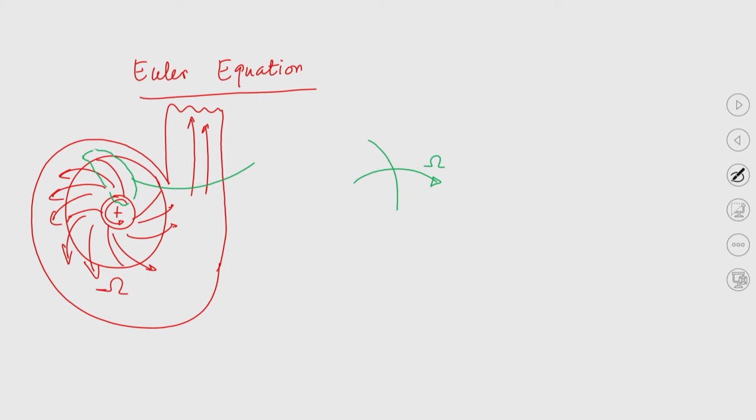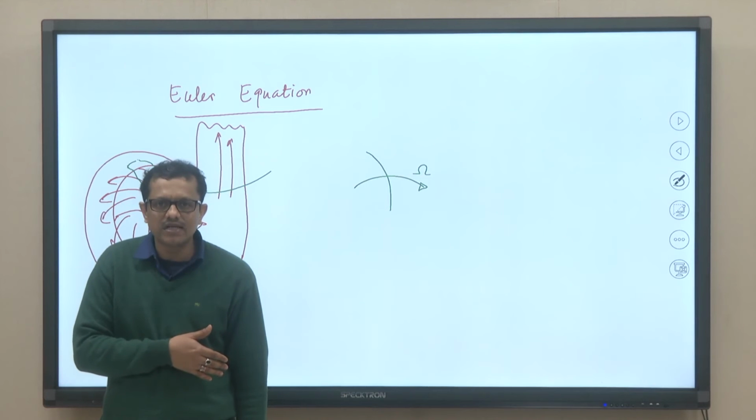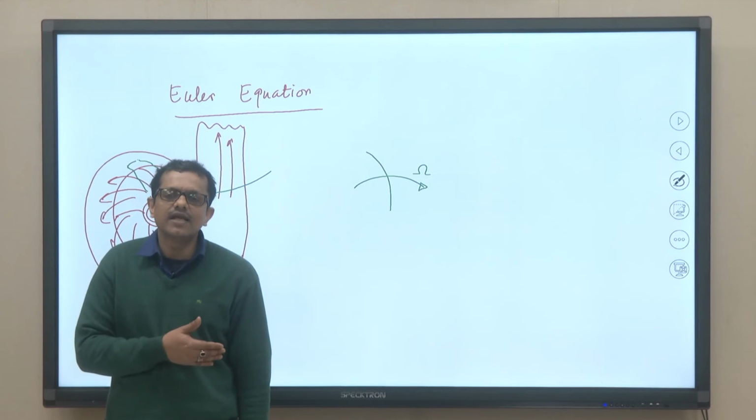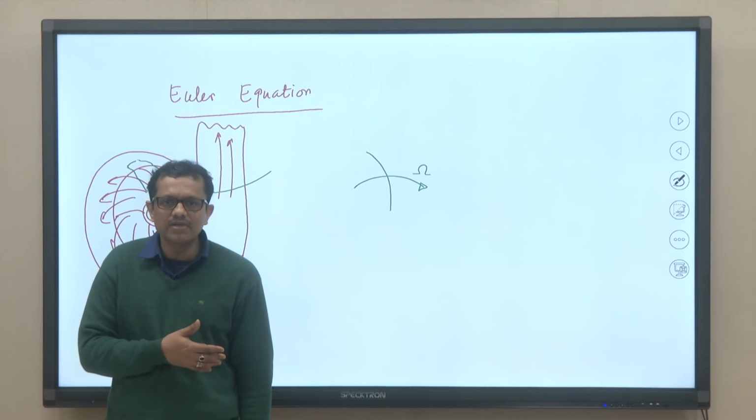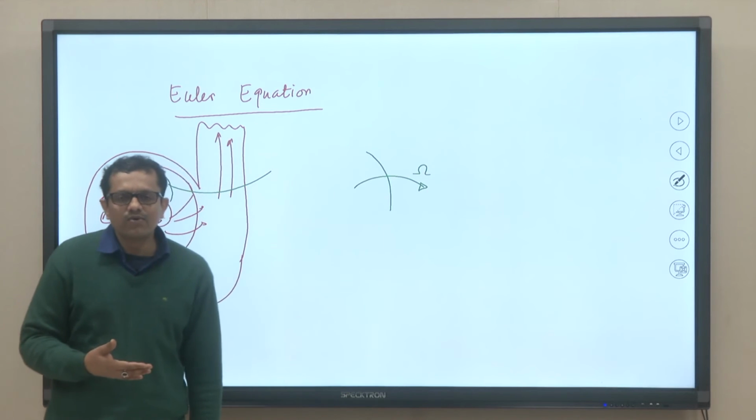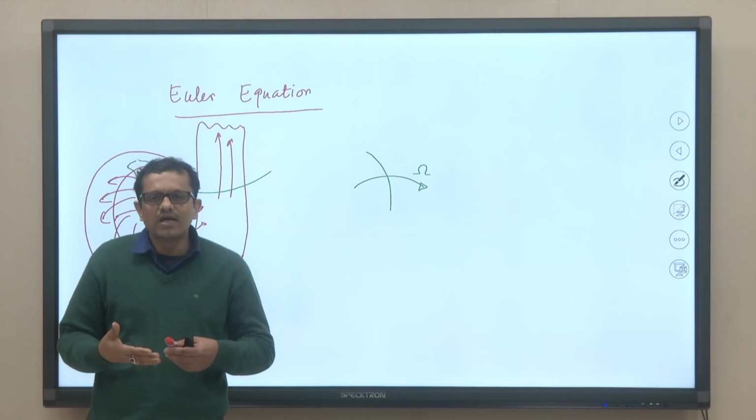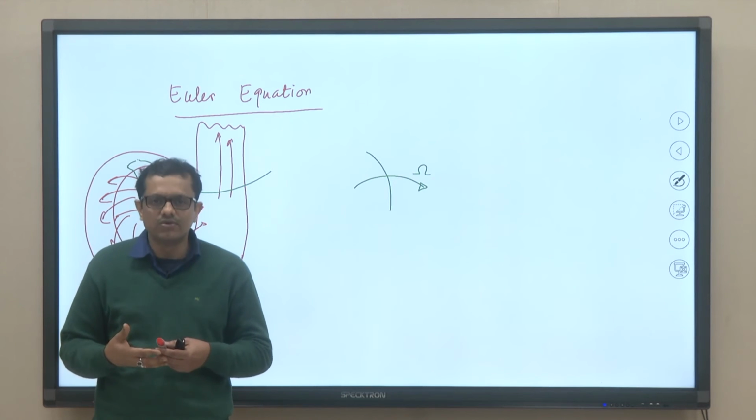For this Euler equation, as we are in the process of deriving the equation, we will be assuming steady and one dimensional flow. Whether this one dimensional assumption is really valid or not, for that we have argued.